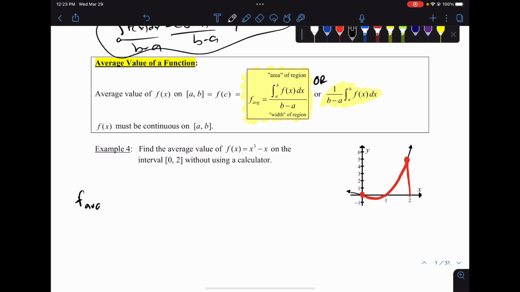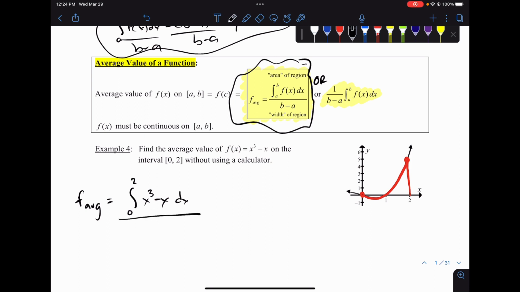The average value of f is equal to the integral from 0 to 2 of the function, x cubed minus x. I'm plugging data into that equation: the integral from 0 to 2 of x cubed minus x dx. And then I have to divide that by b minus a, so that's 2 minus 0.